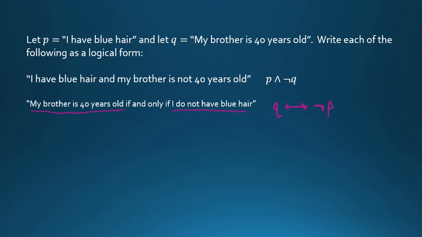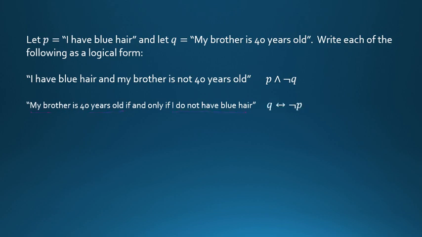We had my brother is 40 years old right before that, if and only if. That's exactly what Q was. And then we had, after that, I do not have blue hair. Well, I have blue hair was P, therefore I do not have blue hair is not P. So that's how we take a given sentence and write it as a logical form.